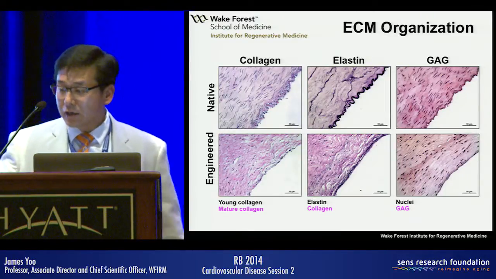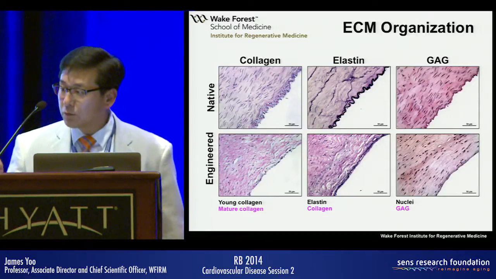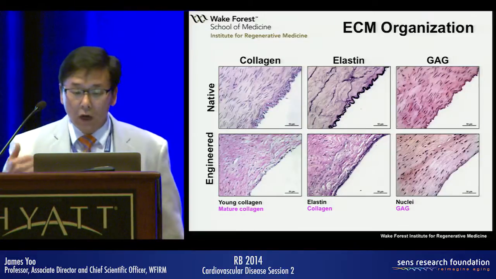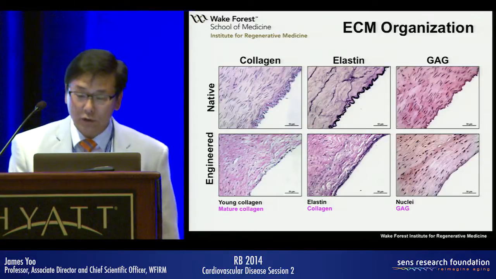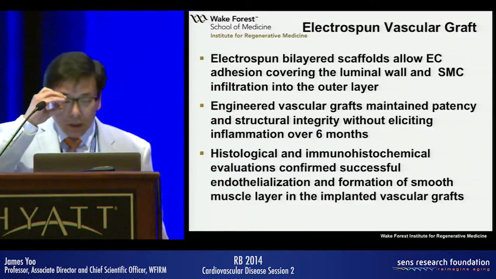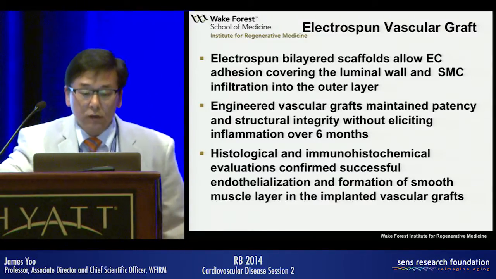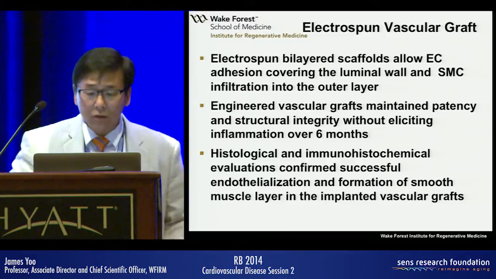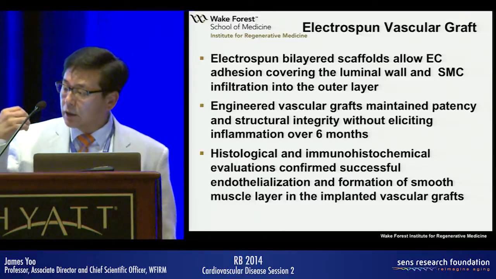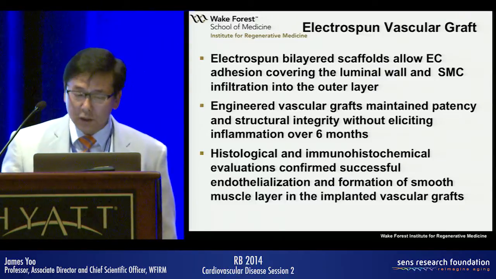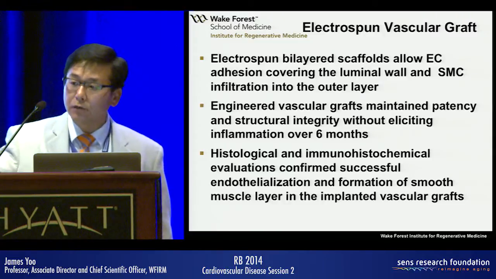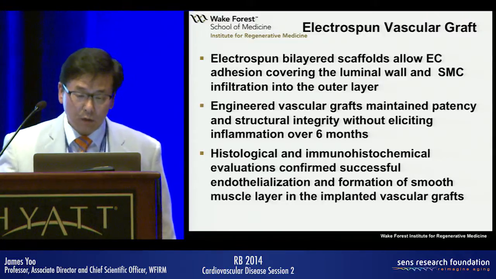It's not exactly the same, but within the time of observation up to 6 months, we were able to see similar extracellular matrix organization. So through this study, the electrospun bilayered scaffolds are able to accommodate endothelial cells on the luminal side and make those cells adhere pretty tightly if you train them appropriately.